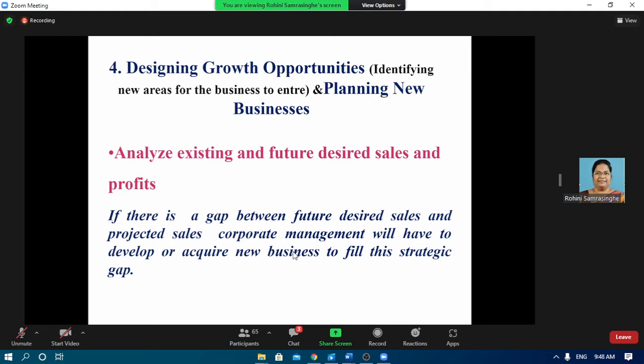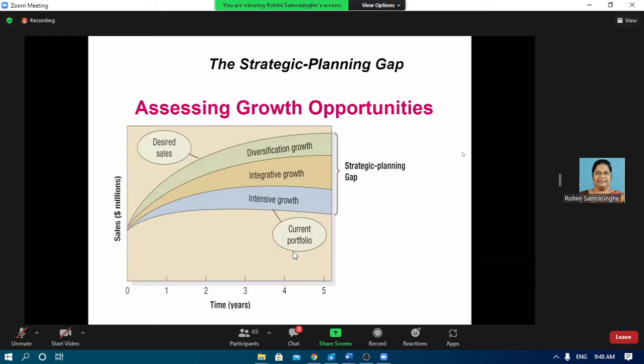So likewise, a company is also similar. They are not satisfied with their existing situation. They have projected sales, but that is the normal way they can earn that sales. You can see in this diagram relating to the current portfolio, that is the level where they are not analyzing or using different strategies.